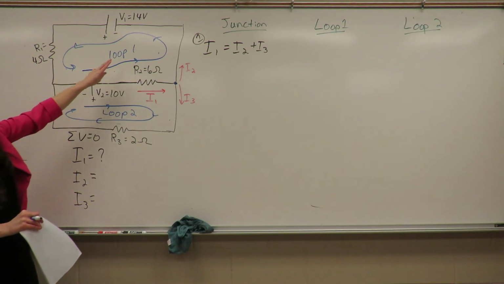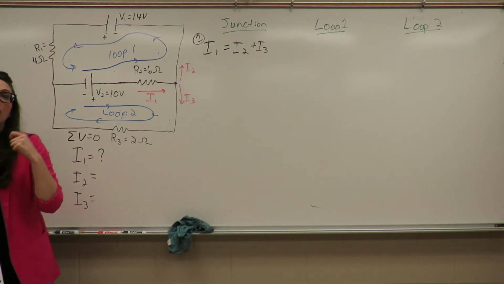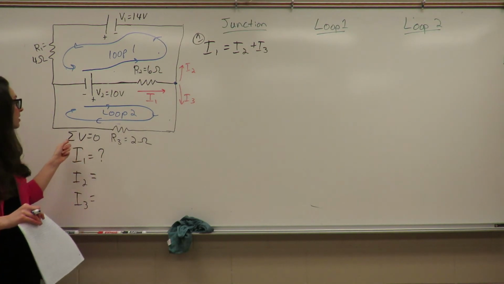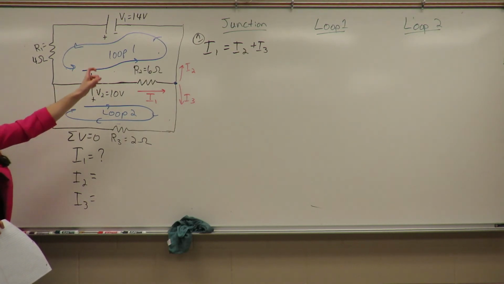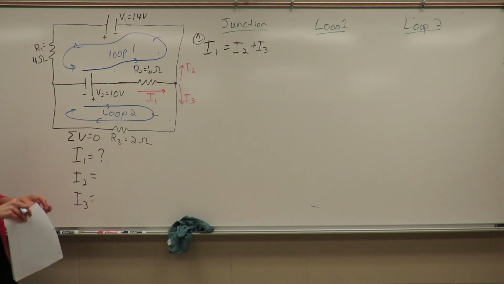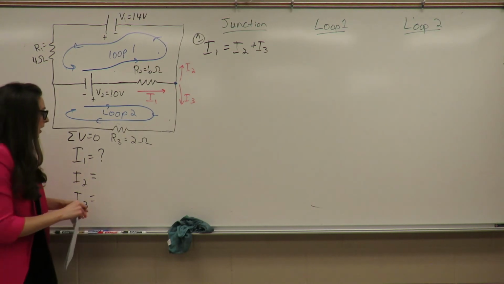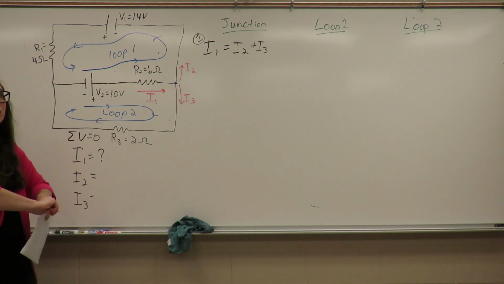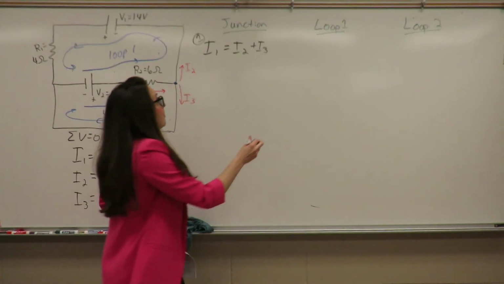Now, if I look at loop 1 and I write down my equation for Kirchhoff's second rule, it shows that the sum of all of the potential differences along my loop must be 0. So I start here with loop 1 and the battery V2 that I'm going through, going from negative to positive terminal of my battery.